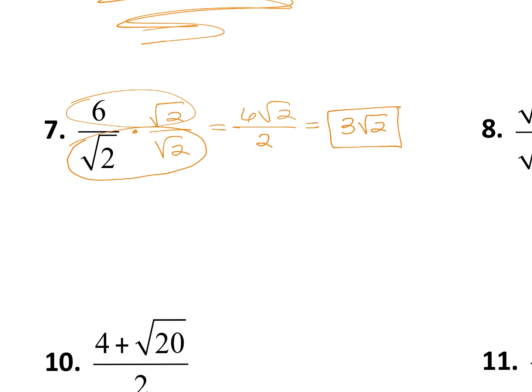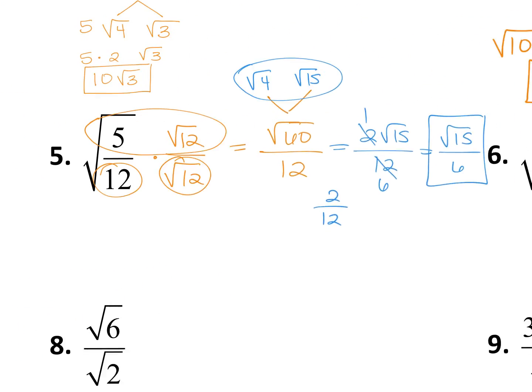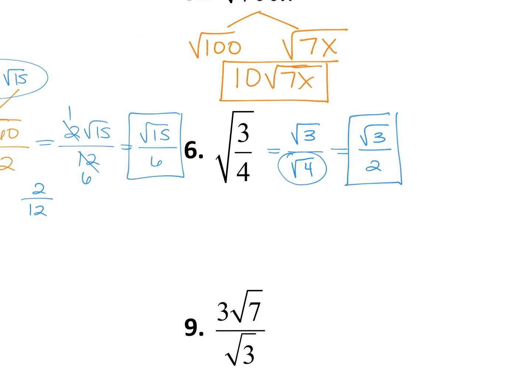Questions on that? Whenever there's a fraction and there's a radical in the denominator, you're pretty much always going to multiply by that radical over itself, or you always can, right? So in the last one, we didn't because we had the square root of 4, which is already 2. But if I had done that, I still would have gotten to the same answer.